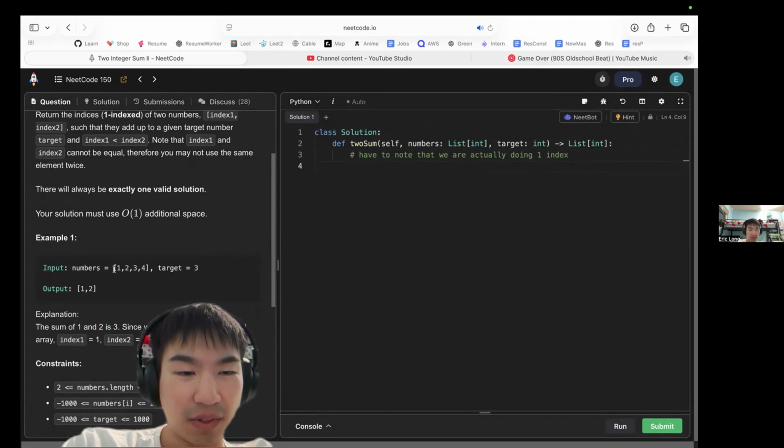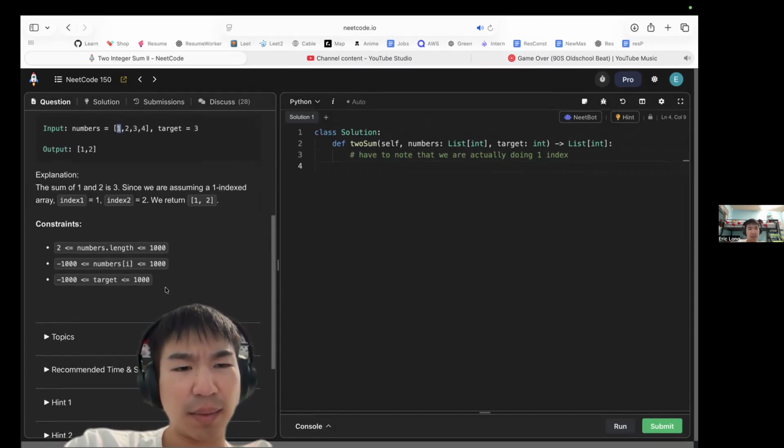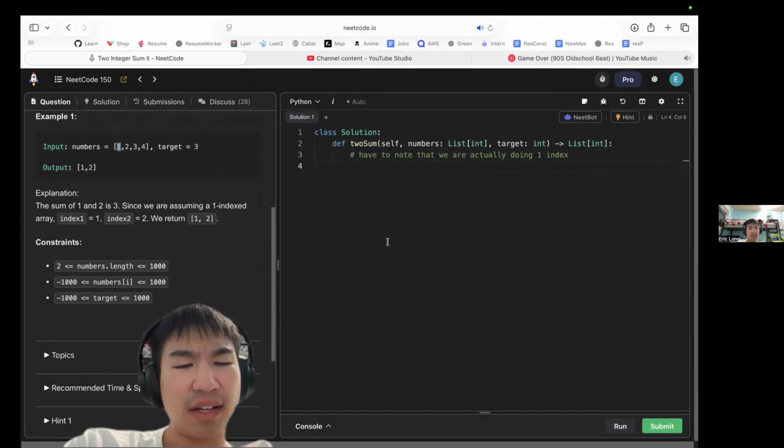So for example, we could have the numbers 1 and 4, and because 1 plus 4 is 5 and 5 is greater than 3, we know we should decrement the right pointer, and we could decrement 4 and go to 3. 3 plus 1 is 4. That's about to be too much, and yeah, I think that should work.